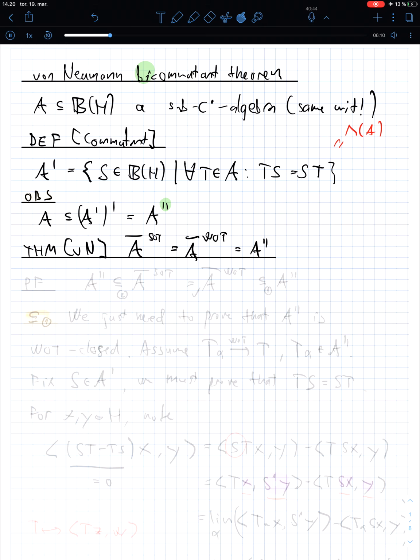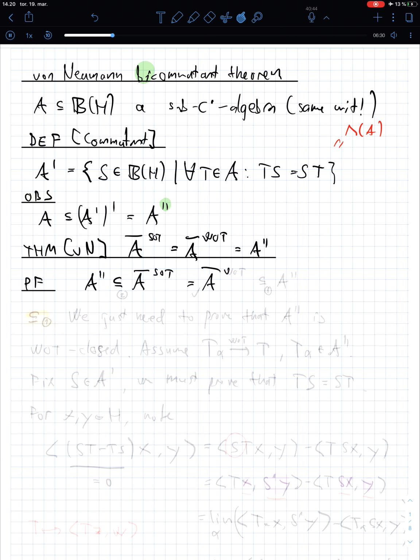Okay, so let me prove the bicommutant theorem, and the way that I'm going to do it is to prove that the double commutant lies inside the strong operator topology closure.